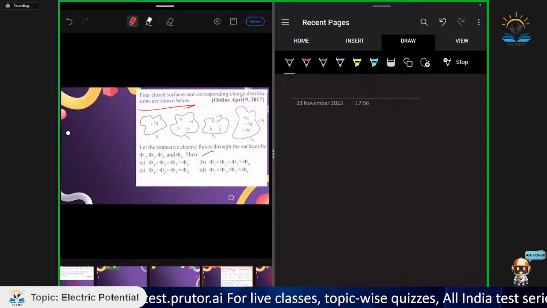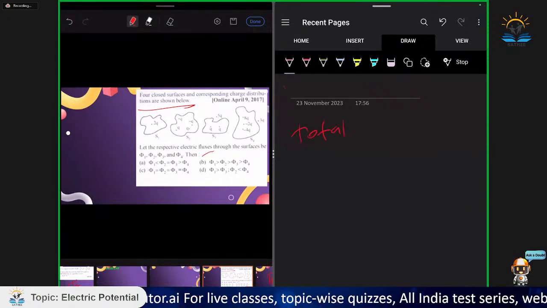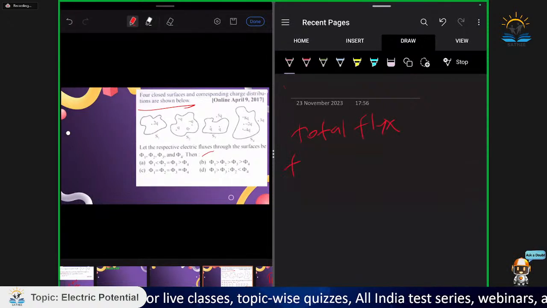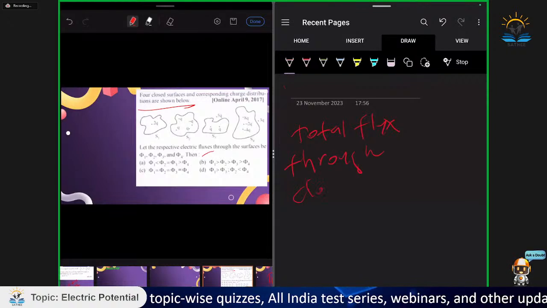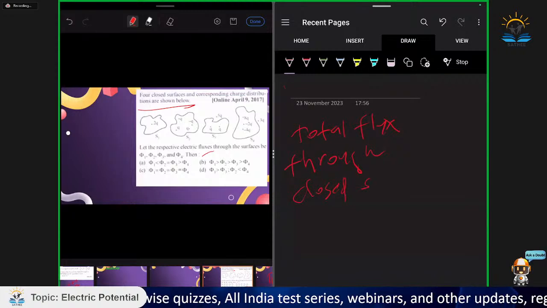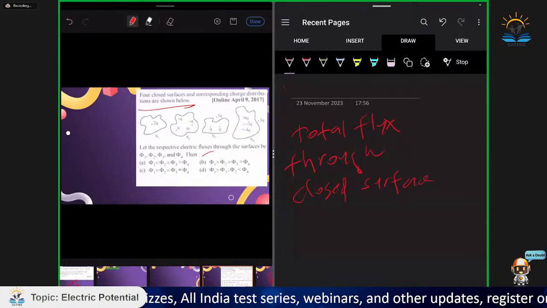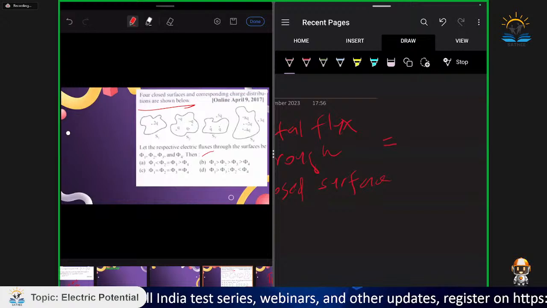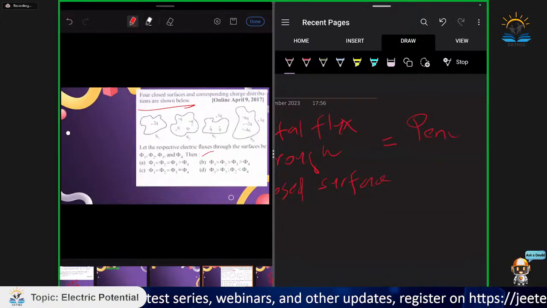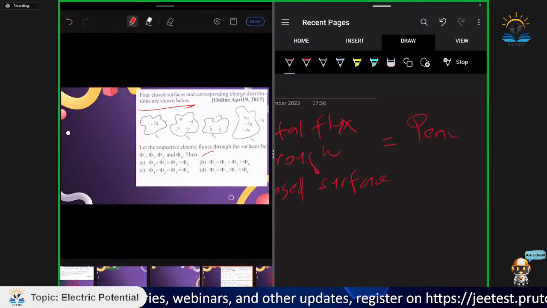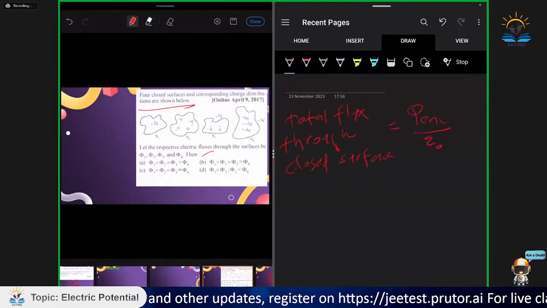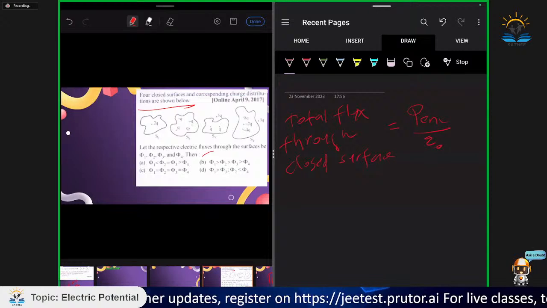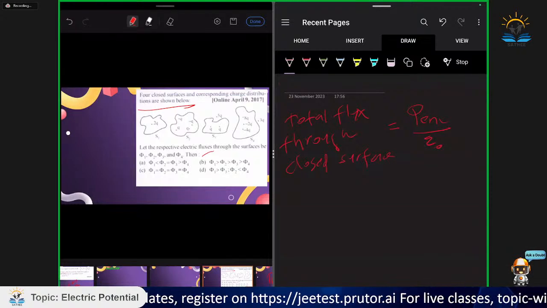We know that the total flux through a closed surface is charge enclosed upon epsilon naught. So we just have to find the charge enclosed.